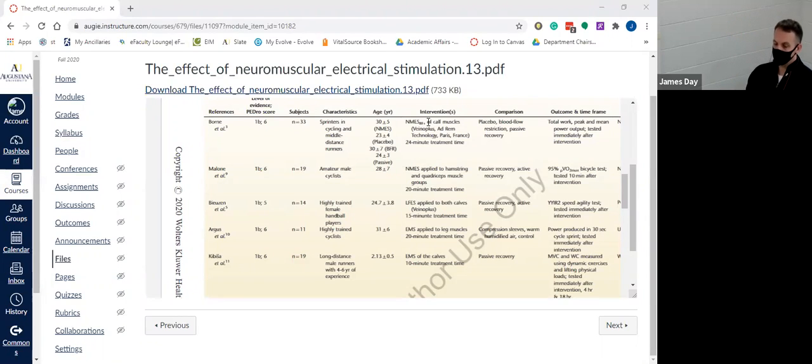We're also going to describe what the comparison was for that, because we're going to eventually discuss whether or not those found significant differences between their intervention and their comparison group. And as we discussed previously, what you compare it to is going to have a large effect on what we consider a positive outcome or a statistically significant difference or not.